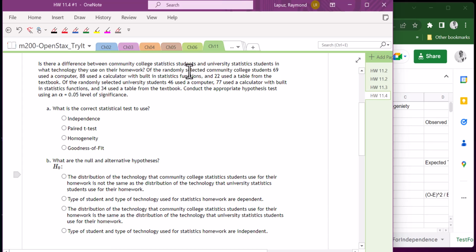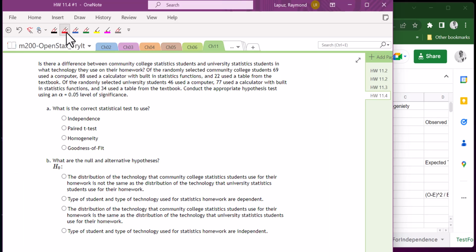Of randomly selected community college students, 69 used the computer, 88 used the calculator with built-in stats functions, 22 used a table from the book. And then the university students, 46 used a computer, 77 used a calculator, and 34 used a table. Conduct an appropriate test and use a 0.05 significance level.